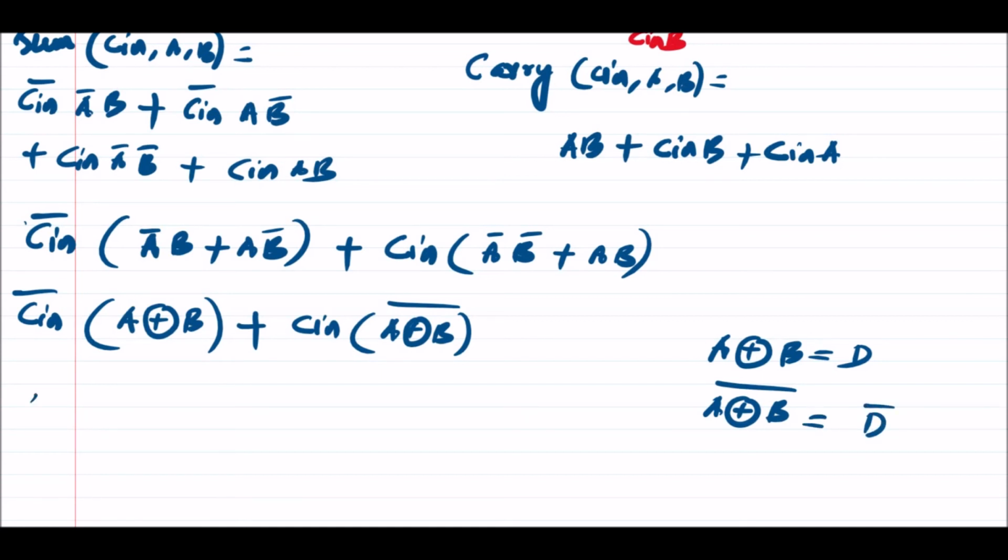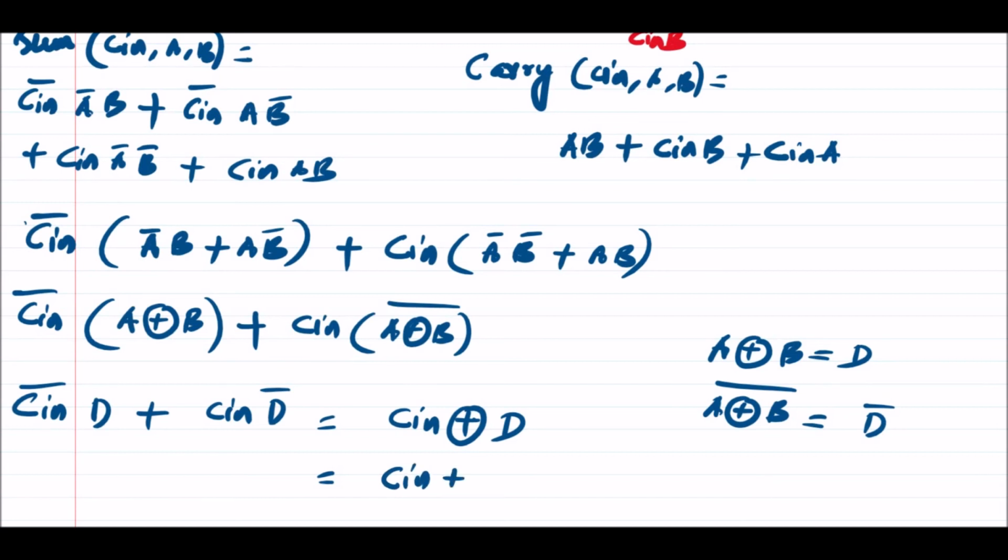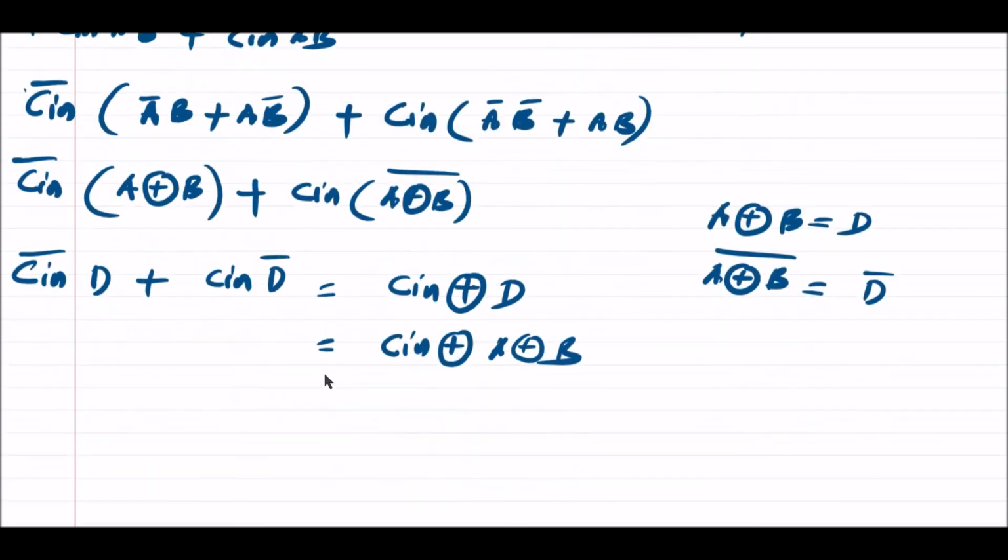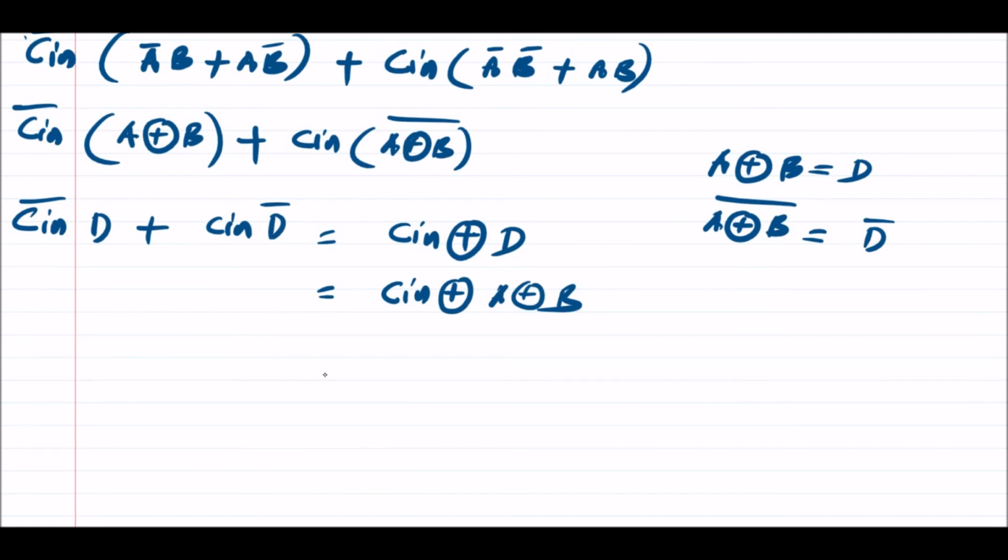So this can be written as C in complement D plus C in D complement, that is C in XOR D. Now finally it can be written as C in XOR A XOR B. So this is my sum, which is the XOR connection of the three variables.